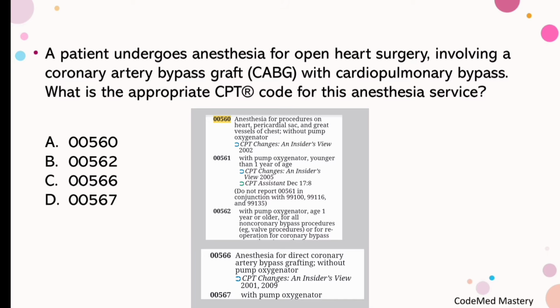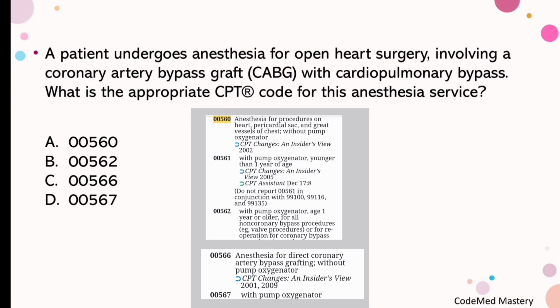Let us read the question. A patient undergoes anesthesia for open heart surgery involving a coronary artery bypass graft CABG with cardiopulmonary bypass. What is the appropriate CPT code? Option A 00560 is for anesthesia for procedures on heart, pericardial sac and great vessels of chest without pump oxygenator. This option is wrong because the code 00560 applies to anesthesia for intracardiac procedures not involving CABG.